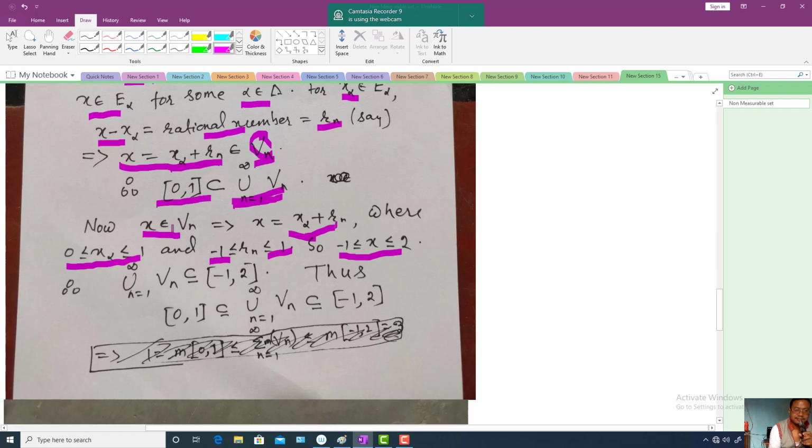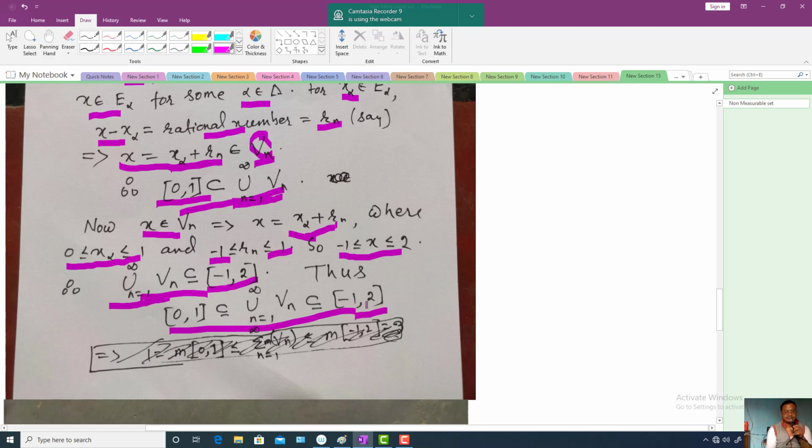Whenever you take one point from here, that is always bounded by -1 and 2. The lower bound is -1, the upper bound is 2. That means this union is a subset of the closed interval -1, 2. So combining this inclusion and this inclusion, ultimately you get: the closed interval 0, 1 is a subset of the union n going from 1 to infinity of Vn, which is a subset of the closed interval -1, 2.